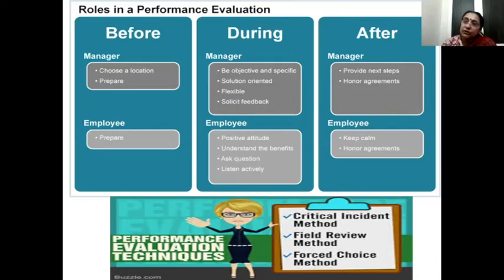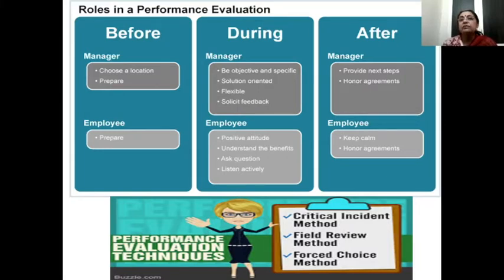The employee should, on the other hand, enter into the evaluation with an extremely positive attitude. He should know that this is for his own good, and he should feel free to ask questions if he has any. And he should also listen actively so that he receives feedback with an open mind.